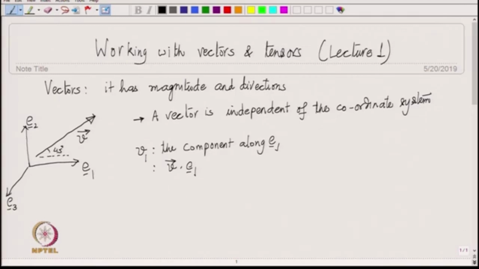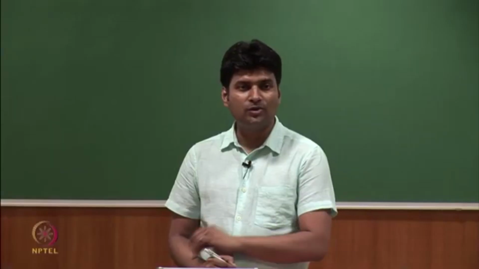Similarly, you can get the second and third components, and as this vector is lying in the E1, E2 plane, the three components are 1 by root 2, 1 by root 2 and 0, is not it, assuming that the vector is of unit magnitude.